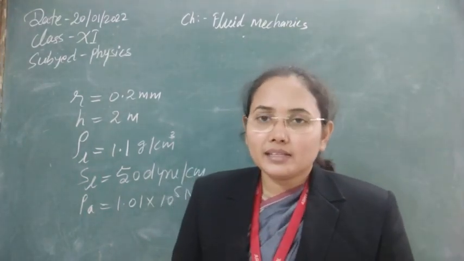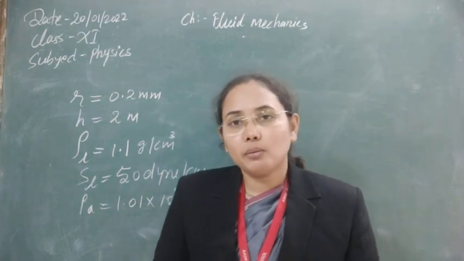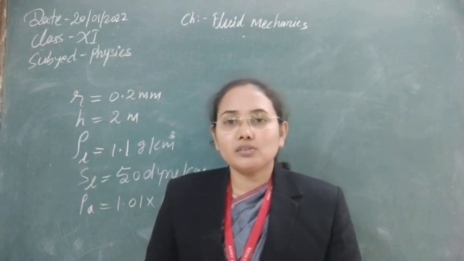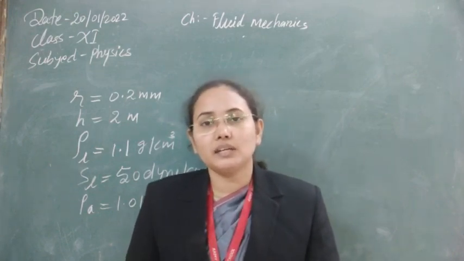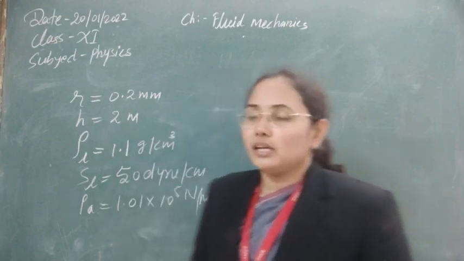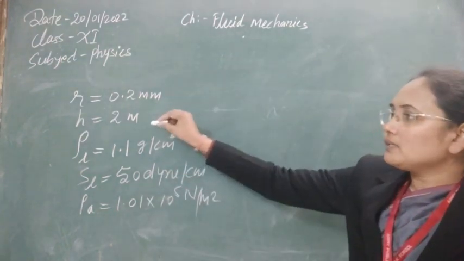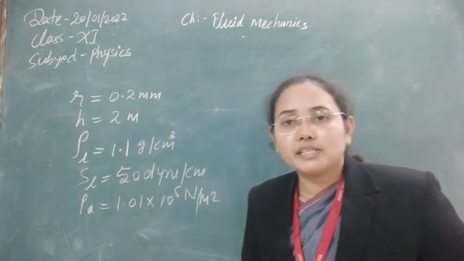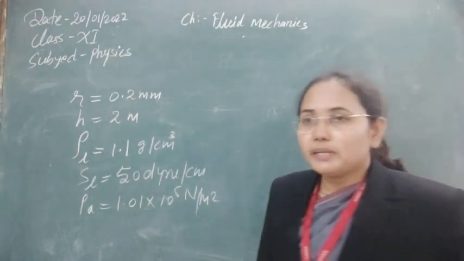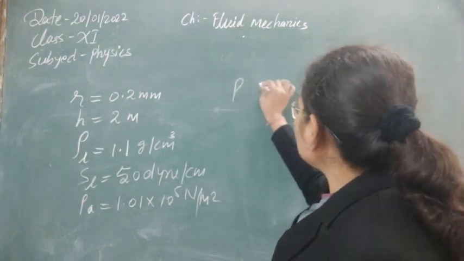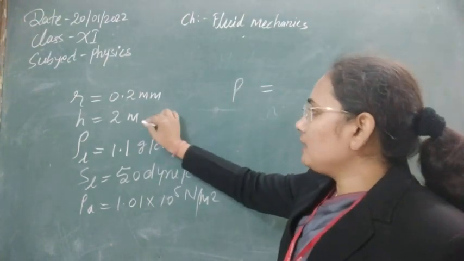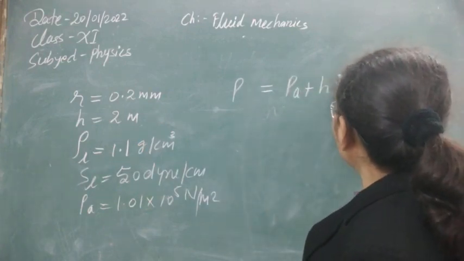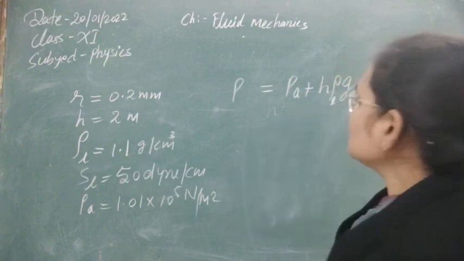Now if we add the concept of gauge pressure, that is the variation of pressure with depth, whenever we go below the surface of the liquid, the pressure increases by the amount h rho g. So here also, as our air bubble is at a depth of 2 meter below the liquid surface, it will feel extra pressure h rho g. So it means that at the point where the air bubble exists, first it will have the pressure Pa plus h rho g here. So this is the first thing.